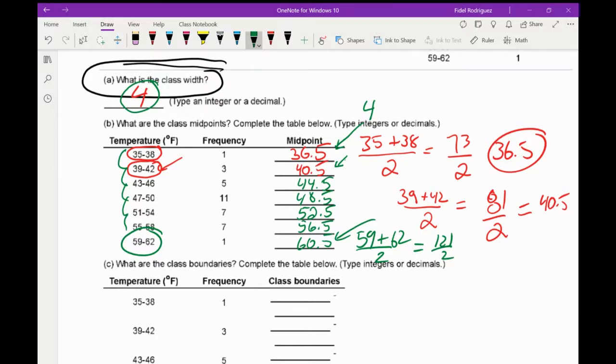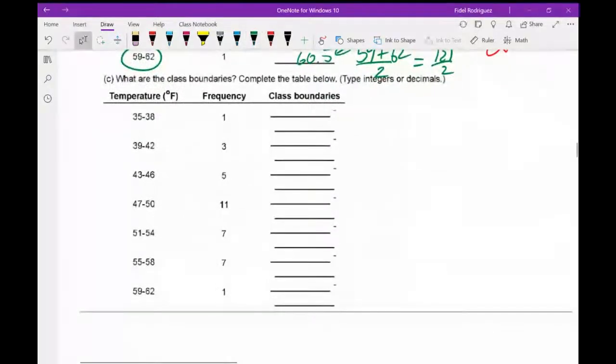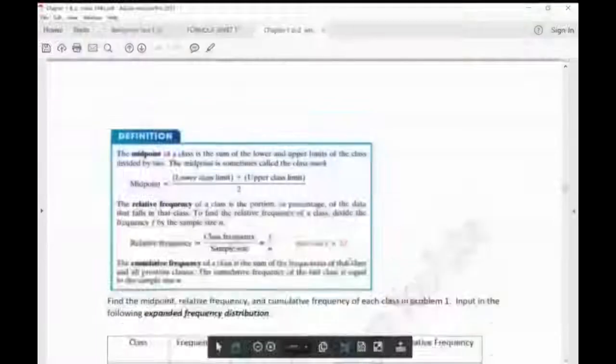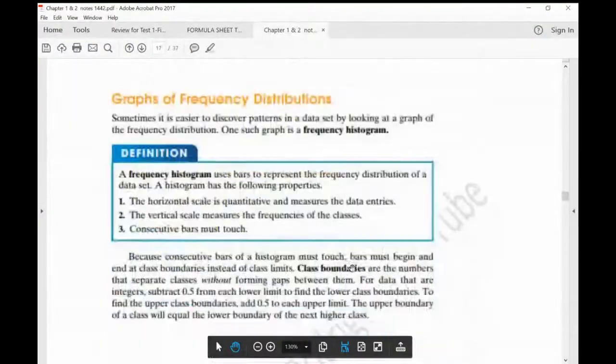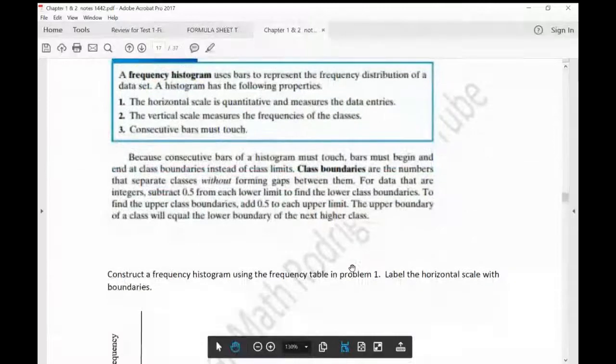So guys, now I'm going to show you how to find the class boundary. So I'm going to stop sharing this piece right here because I want to share one more piece with you guys. Let's see. Coming back to the notes. Okay. So I'm going to scroll down and look for my class boundaries.